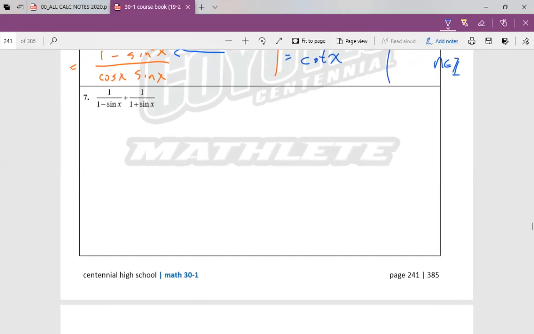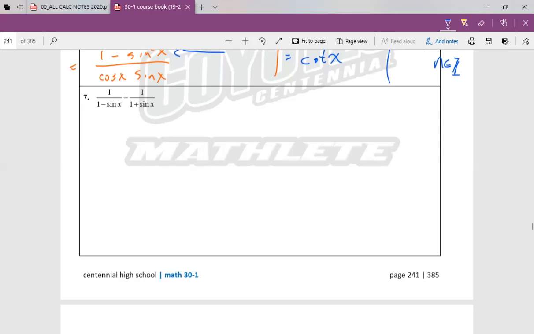All right, last one, number 7. 1 over 1 minus sine x plus 1 over 1 plus sine x. All right, so with this, this one's not immediately obvious, but one of the tricks that we will start to get into is to look for conjugates.